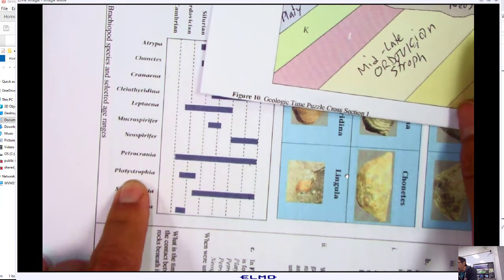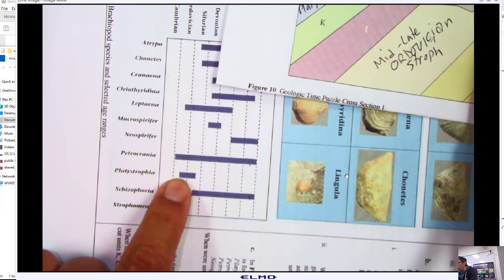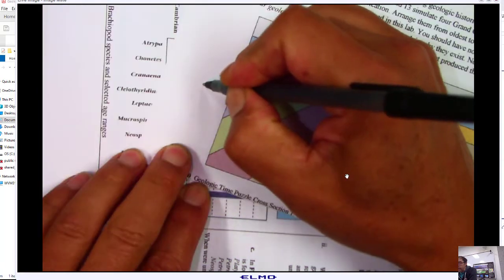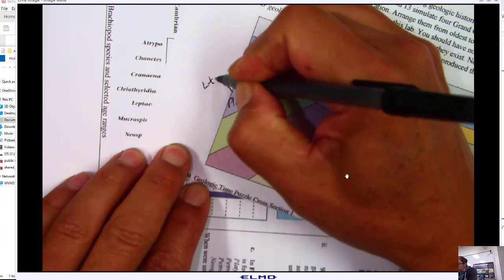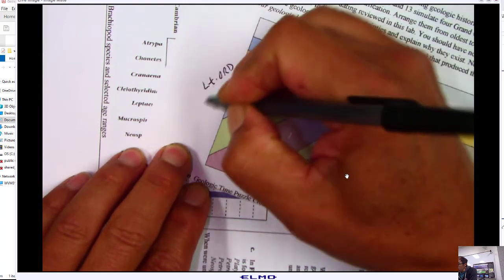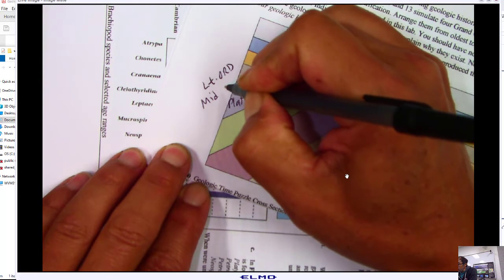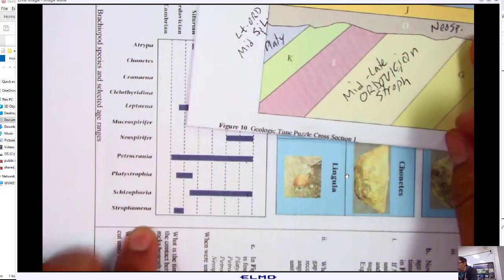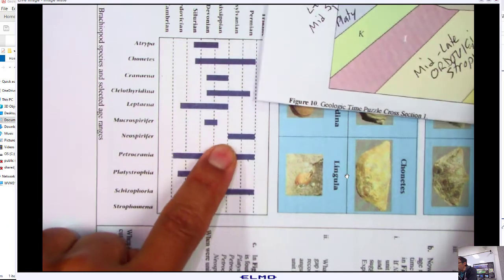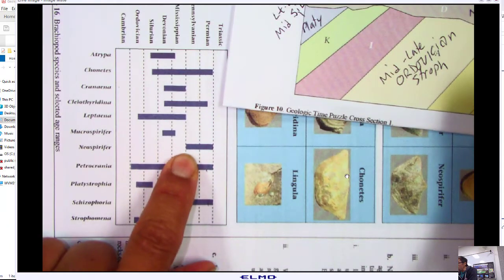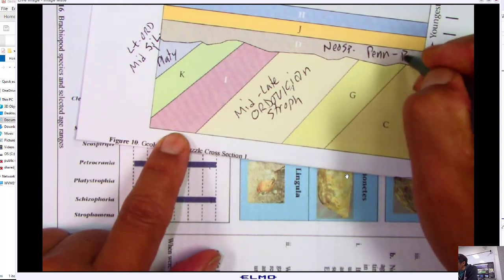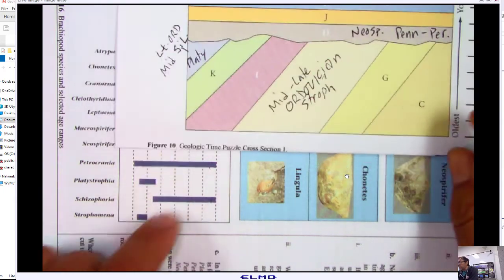Platystrophia is late Ordovician to mid Silurian. So we'll put late Ordovician to mid Silurian. And then Neospifera here, what's the age of Neospifera? That's way up here. That's Pennsylvanian to Permian. So I'll put PENN to PER for Permian, right? So those are the ages.